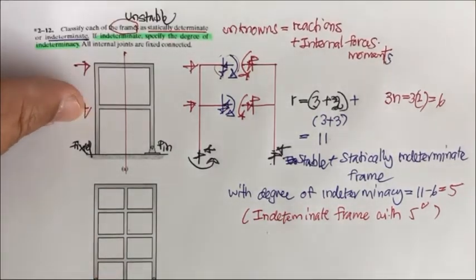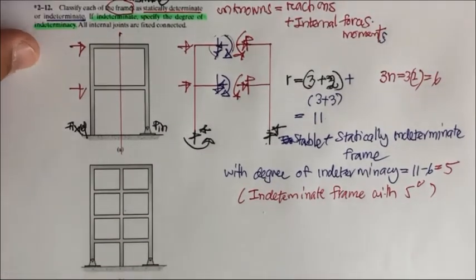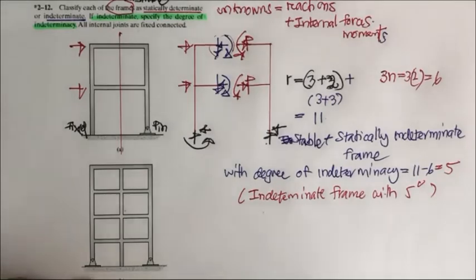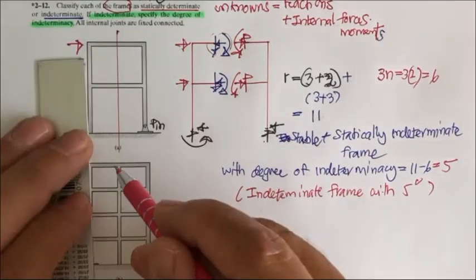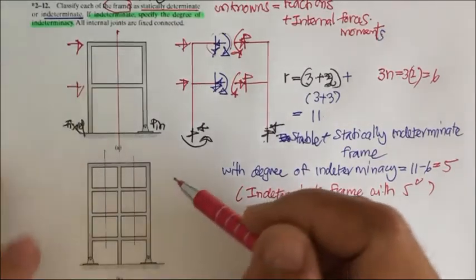And by the same concept, coming to the second frame over here, this frame has 3 lines of columns. When it has 3 lines of columns, that means you're going to cut like this.